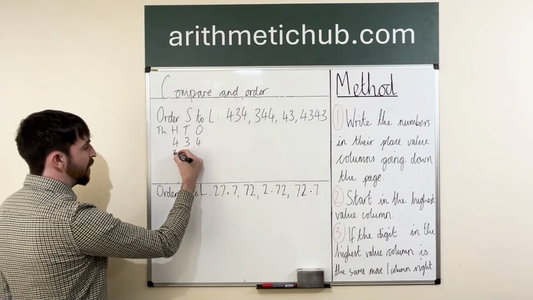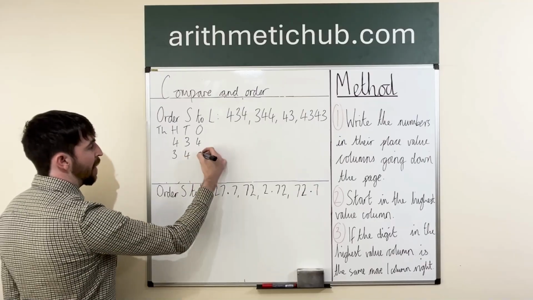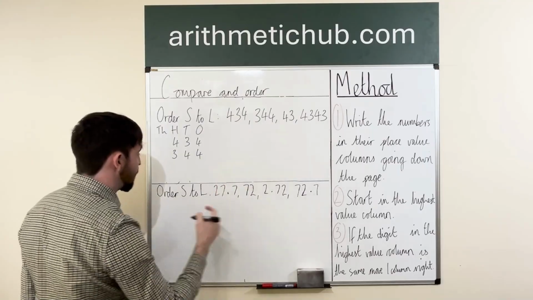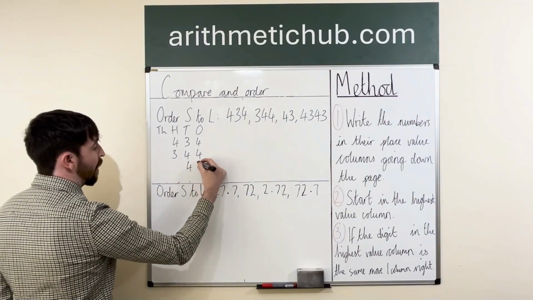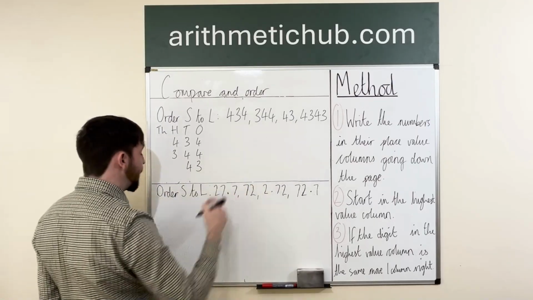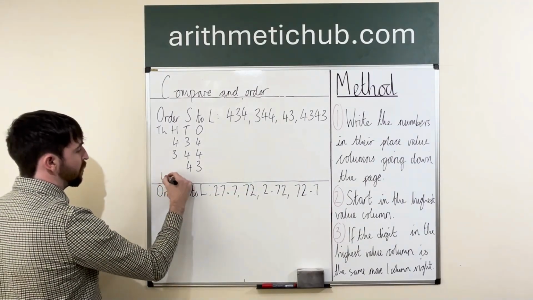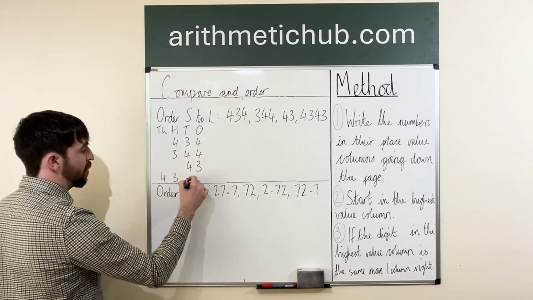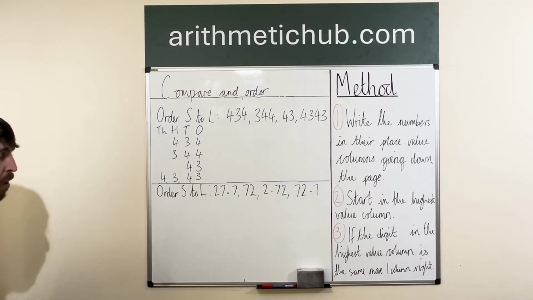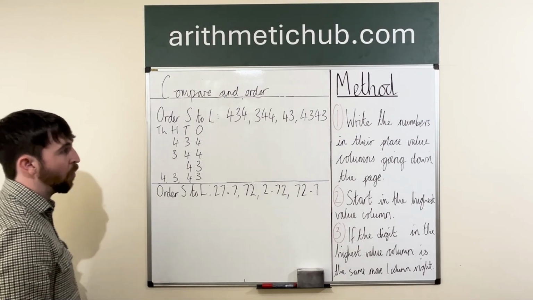Here we have 3 in the hundreds, 4 in the tens and 4 in the ones. And here we have 4 in the tens and 3 in the ones, but nothing in the hundreds column. And here we have 4 in the thousands, 3 in the hundreds, 4 in the tens, and 3 in the ones. Okay, now we can compare and order these, okay?